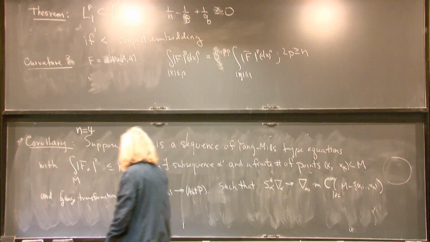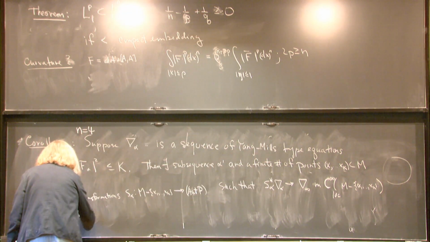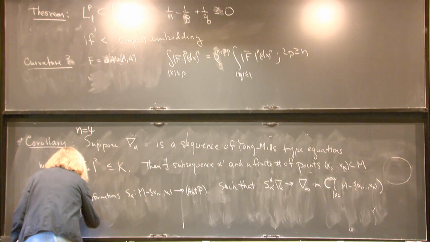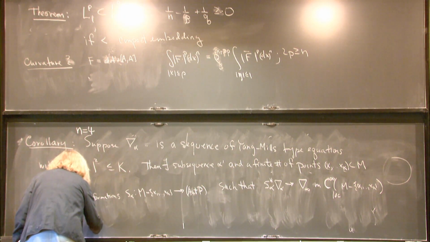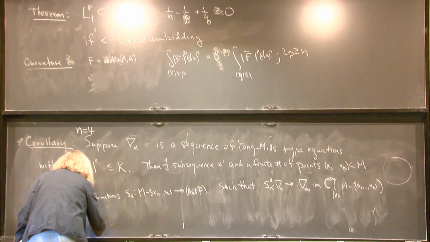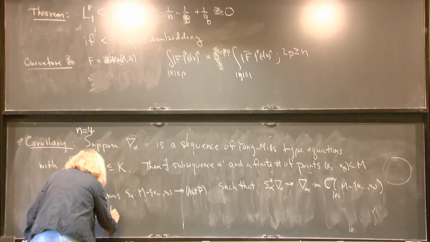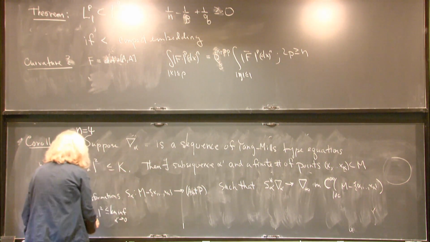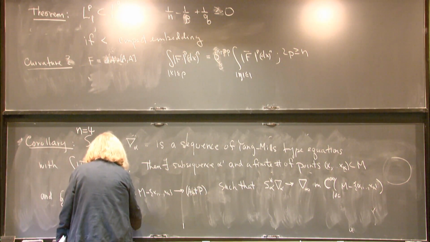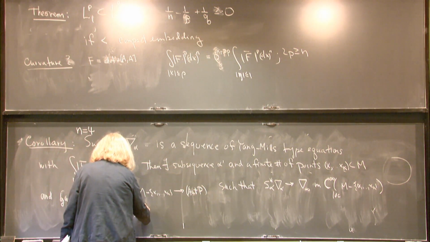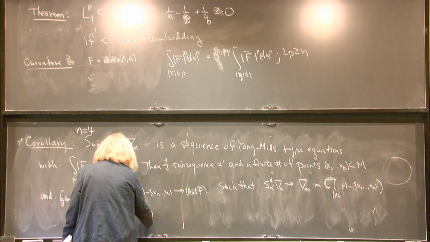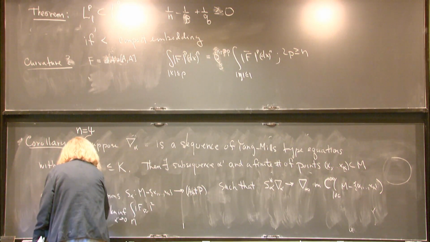So it makes sense to say that the integral of the curvature of the L infinity norm squared is less than or equal to the lim inf as alpha prime goes to 0 of the integral of F gamma alpha prime squared over M. Okay.